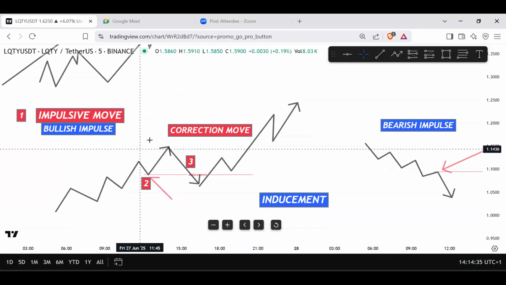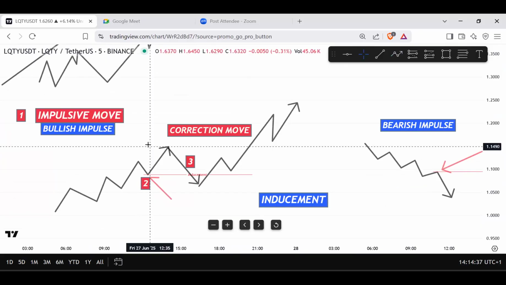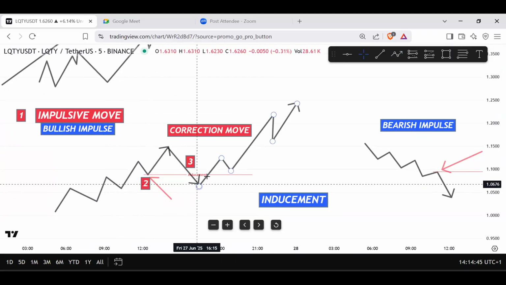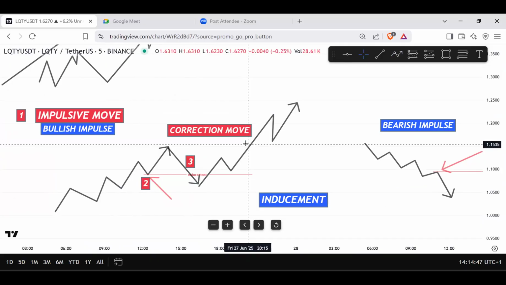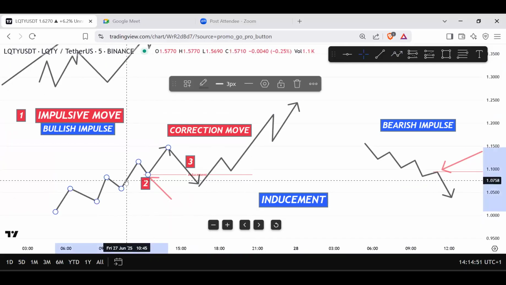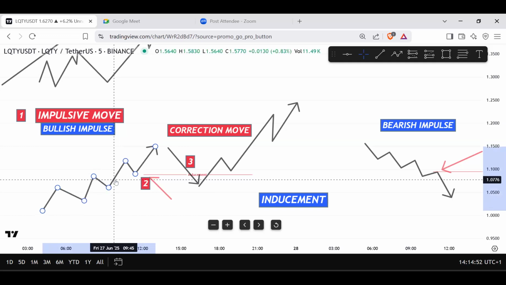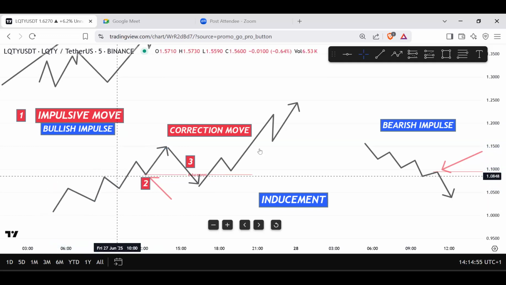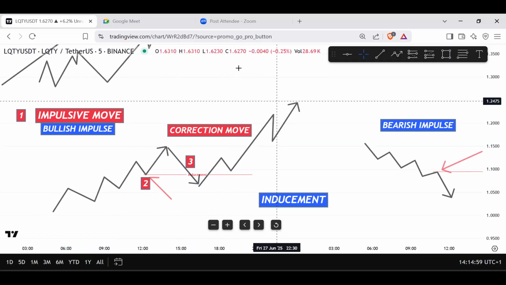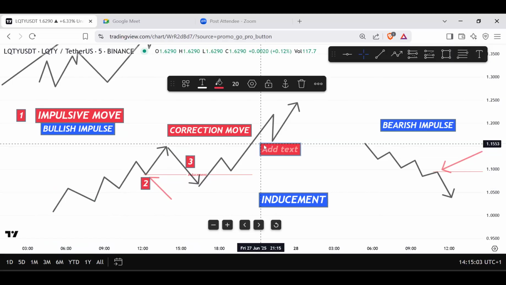So after the correction, if again it starts going up and breaks above the first, it can be a second impulsive movement. That's the line. That's number four.